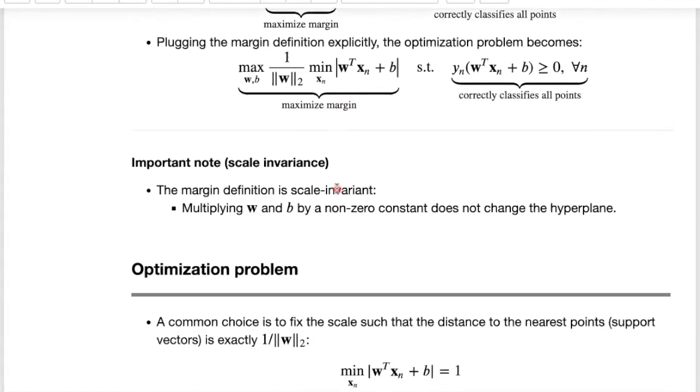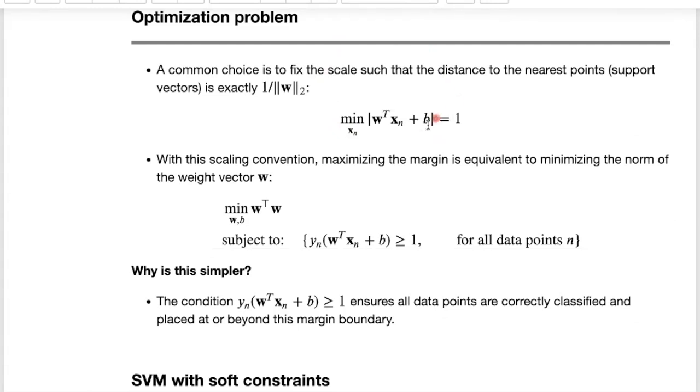So that's the same exact idea here. We can make sure that this term is exactly equal to 1 by scaling w and b, which means that now our margin that we had before is simply 1 over the norm of w. And this is a very important part.